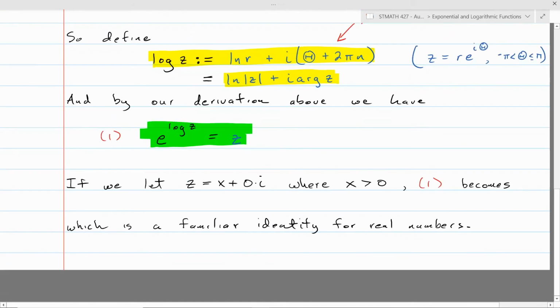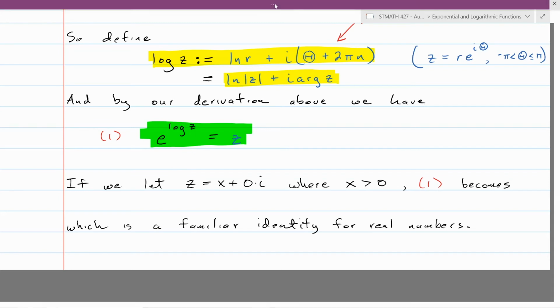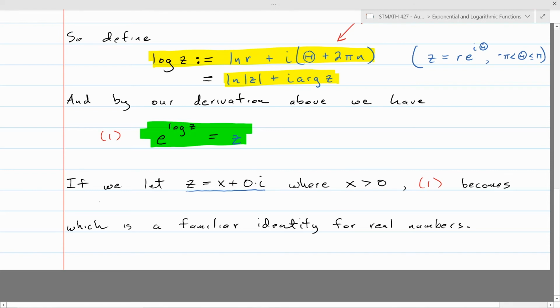In fact, we can think of that familiar identity as a special case of this identity that I've got highlighted in green here. Because if you set z equal to x plus 0 times i, like here, then log z, if your y is equal to 0, log z becomes natural log of x plus i times 0, that's your angle, plus 2 pi n. And then from there you get e to the log z is e to the natural log of x plus i times 2 pi n.